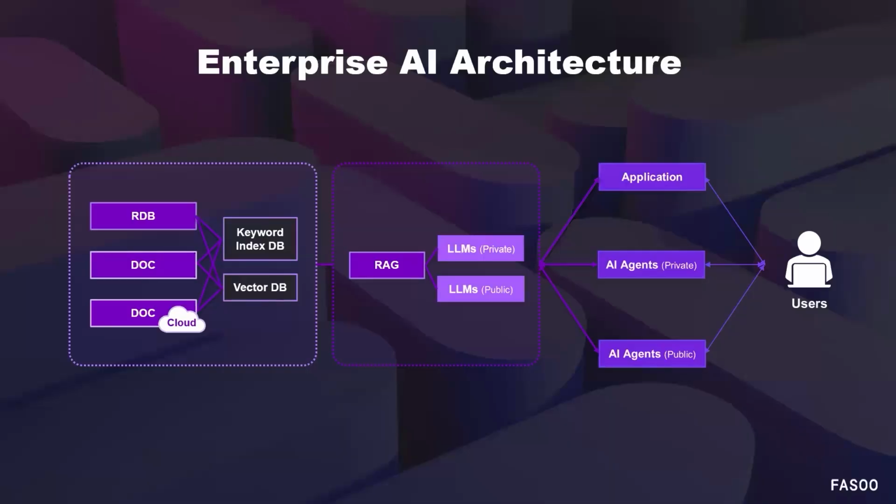So to wrap up, if you look at an enterprise AI architecture, these are kind of the methods and the components that you will have. If you look there in the lower left corner where I have cloud, whether you have documents in your cloud, or if you have documents on premise, that's typically the data that you're going to be feeding into your models. And part of the process is that there are databases that will then index all that data.